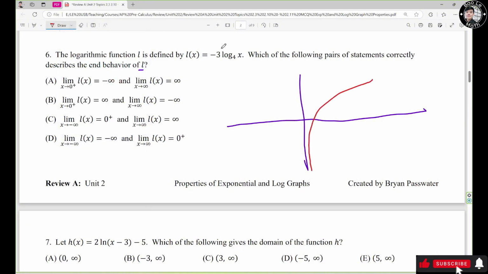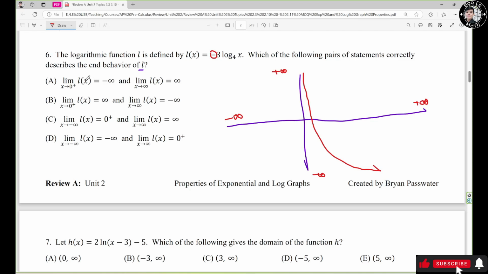Alright, now since you have the negative side right here, so there is a reflection over the x-axis, so it's going to be like this. Alright, so I need to erase this one. Alright, now I need to label positive infinity right here. This is negative infinity. This one is positive infinity, and this one is negative infinity, right?